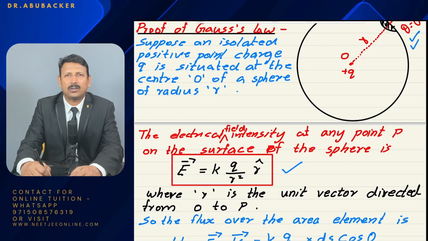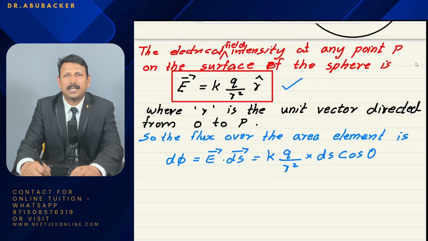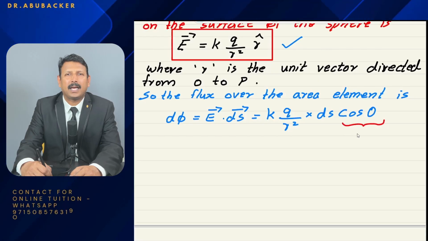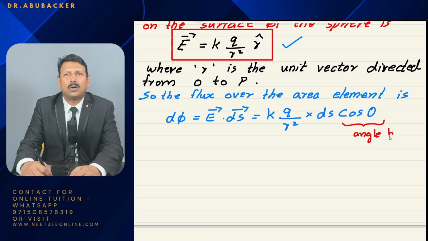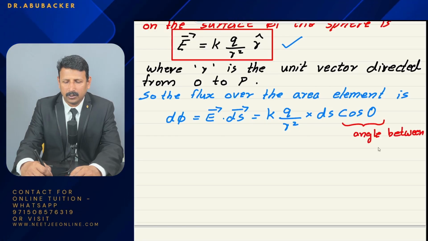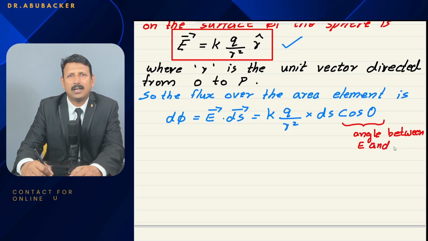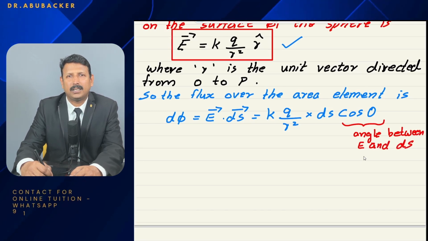Can you see that I am giving a tick mark, theta is equal to 0 here. Why? Because ds and the electric field are in the same direction, so the angle between them is 0. So cos 0, the angle between the two variables E and ds, is definitely 0 in this case.